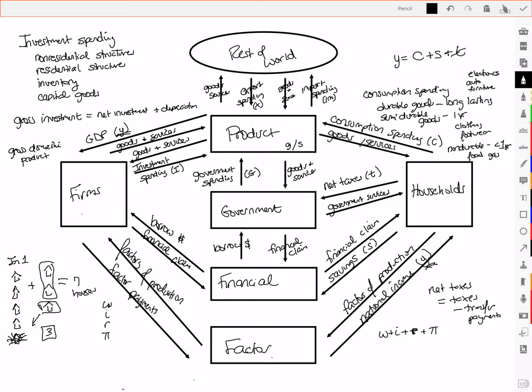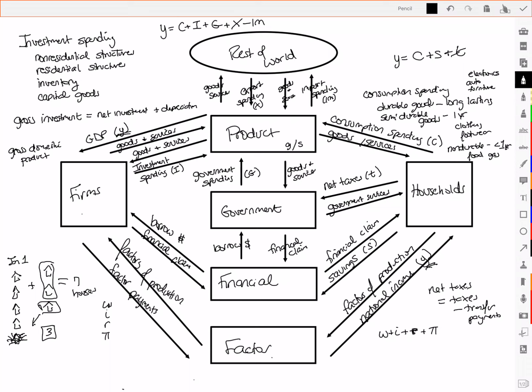Then households buy goods, businesses buy goods, the government buys goods, other countries buy goods, and we subtract away the money that's leaving to other countries for those imports.